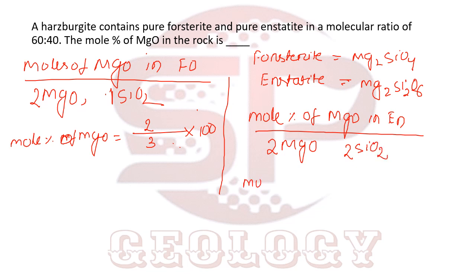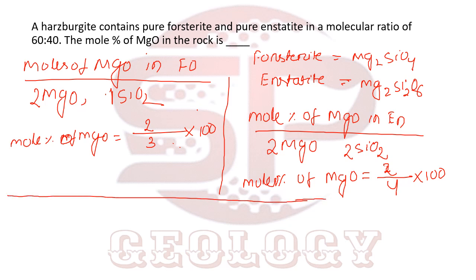So the mole percentage of MgO will be moles of MgO 2, total moles 4, times 100. So now we get the mole percentage of MgO in forsterite and in enstatite.